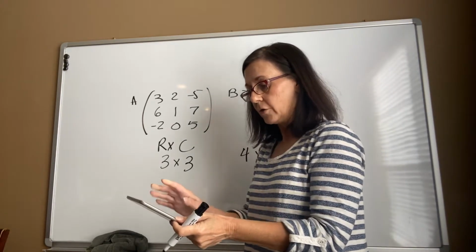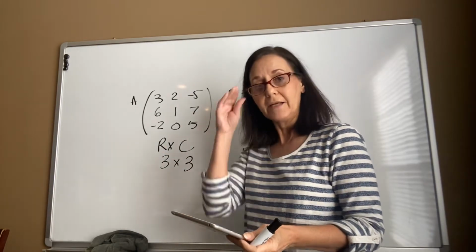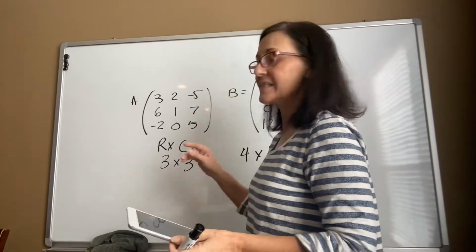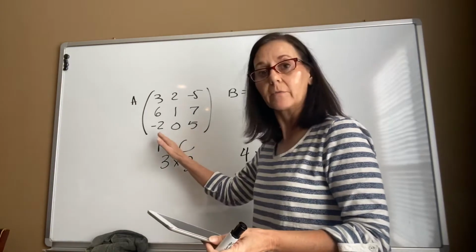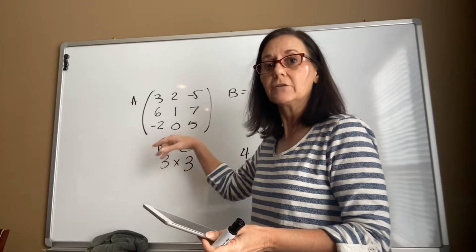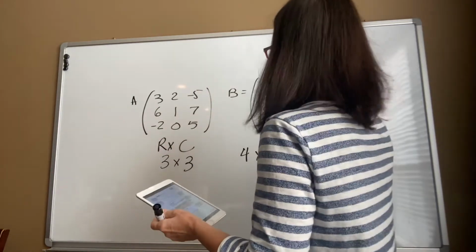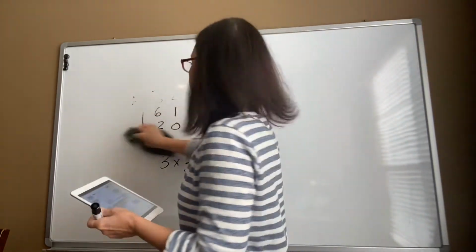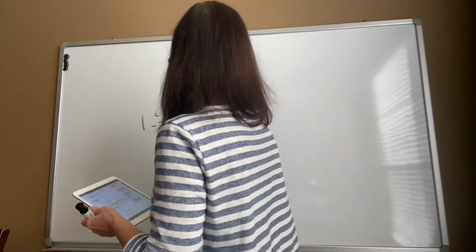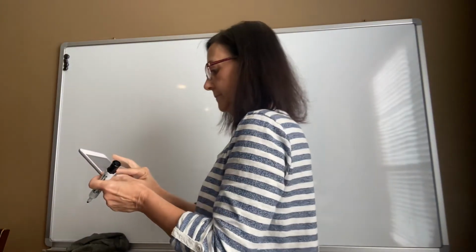So in order to add or subtract a matrix, they must have the exact same dimensions. So if I have a 3 by 3, in order to add or subtract another matrix, it has to be a 3 by 3. All right, so adding and subtracting, the matrices must have the exact same dimensions. So look at example 1.